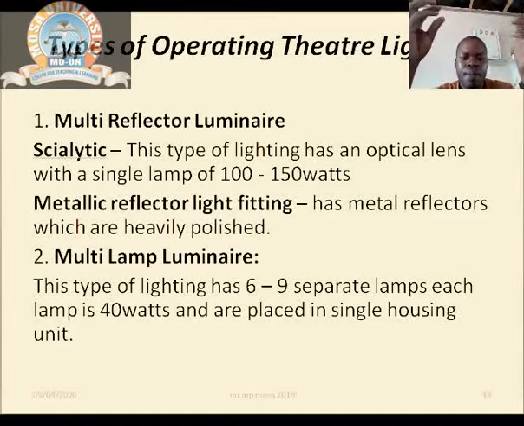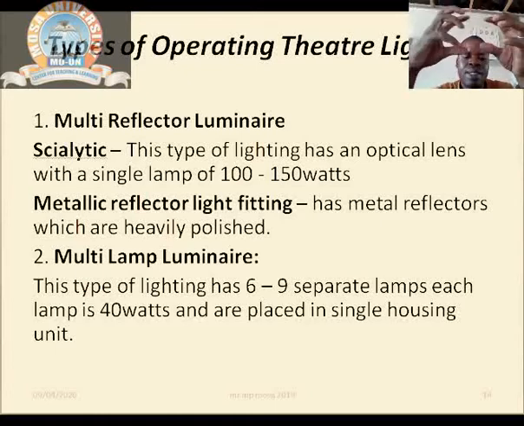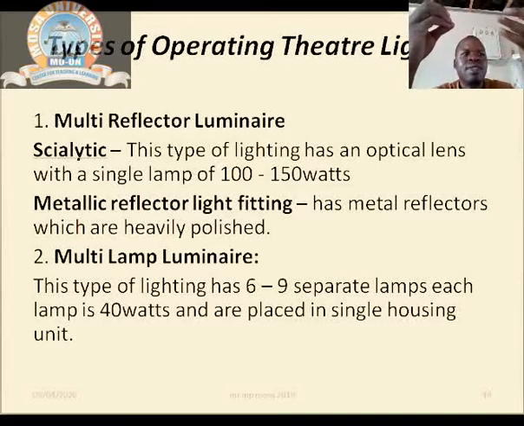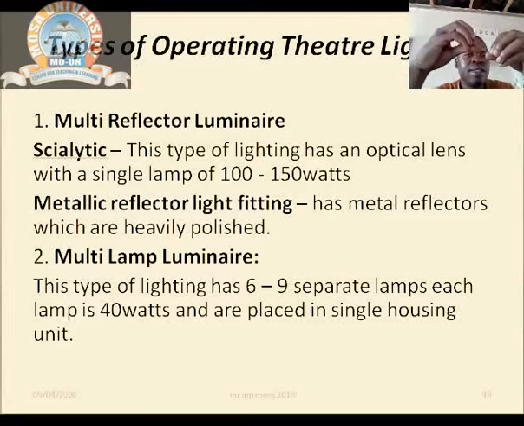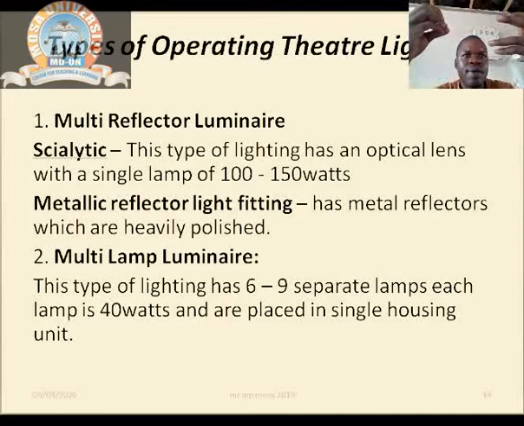But in mount lamp luminaire, it's one lamp, but inside it has several bulbs. These several bulbs found inside the one lamp have a small wattage capacity, like 40, 50, 60. So you find that if you start adding these 40, 40, you may have about 5 to 6 of them.